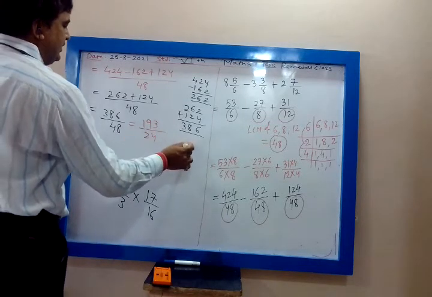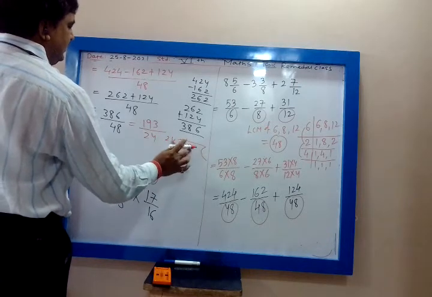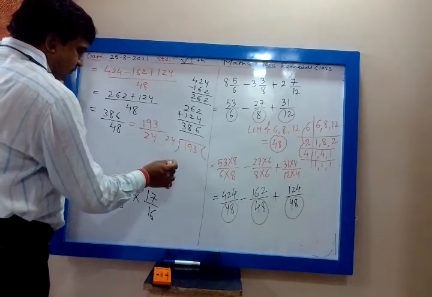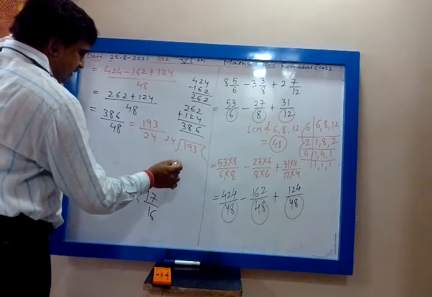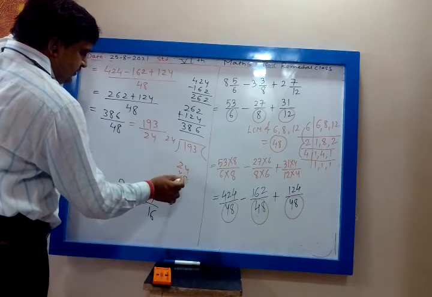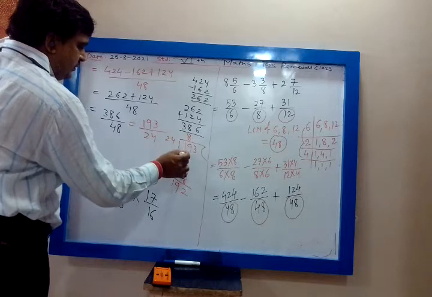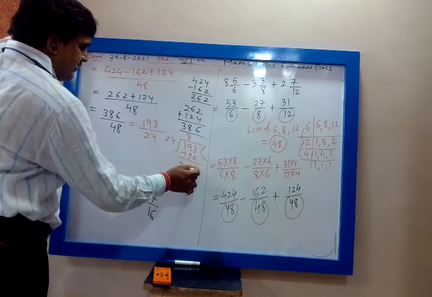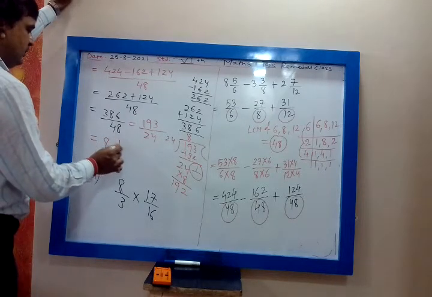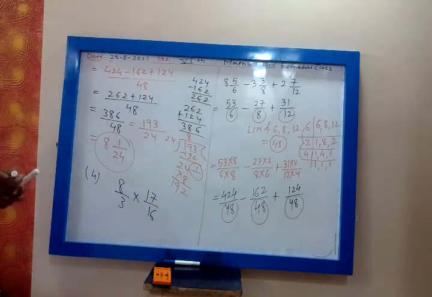You can divide 193 by 24 because the question is given in mixed fraction. 24 8s are 192. Remainder is 1. So this is 8 and 1 upon 24. Answer is 8 and 1 upon 24.